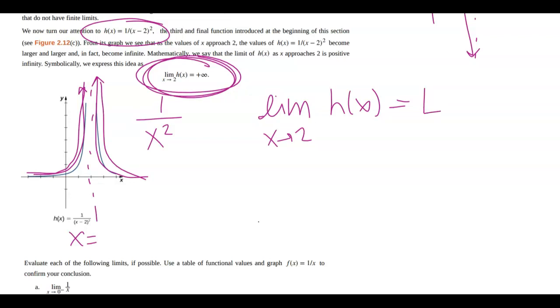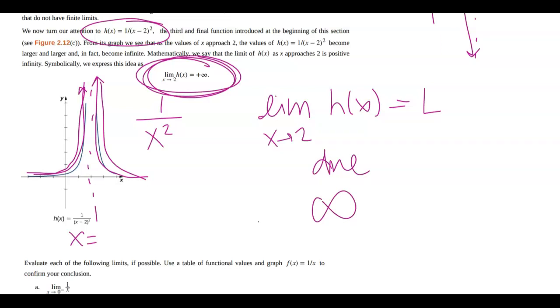So you can say that the function increases without bound, or decreases without bound if it's negative infinity, or that the limit trends to infinity. But a lot of books are going to say, therefore, the limit does not exist because the limit is infinity, or something of that nature.